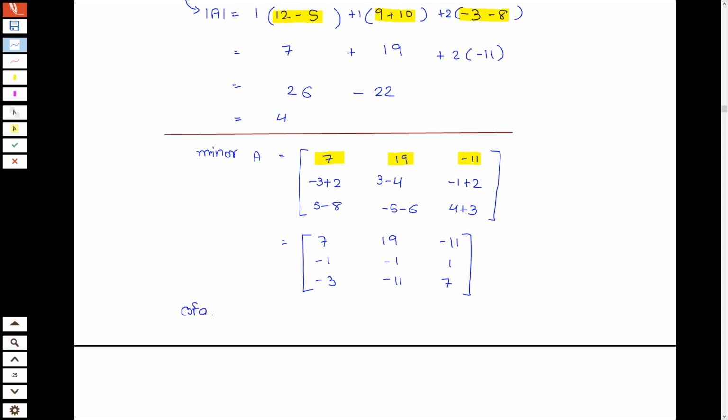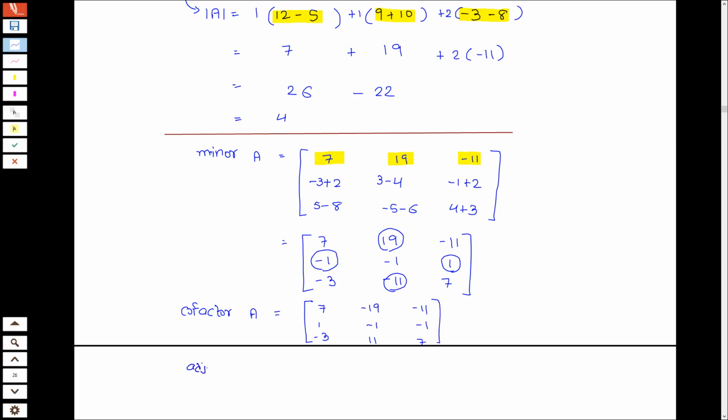Then the next step is the cofactor of A. Now in the cofactor, these 4 positions will have the opposite sign. So it will be 7, minus 19, minus 11, plus 1, minus 1, minus 1, minus 3, plus 11 and 7.